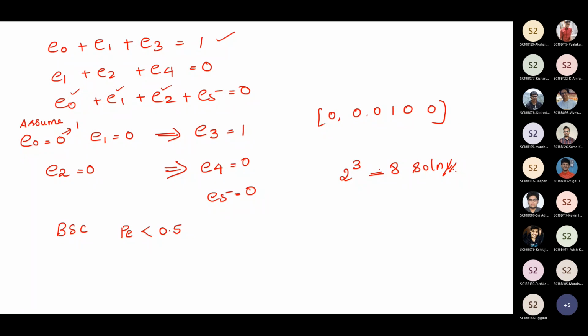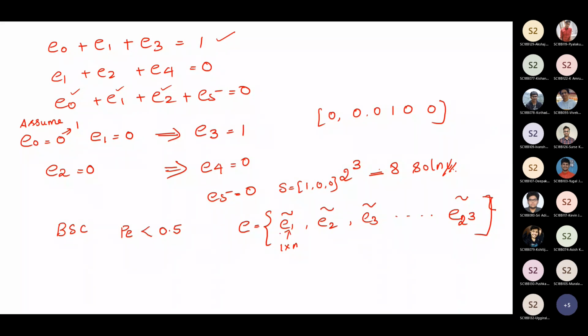So among this error set for this syndrome, you will have solutions E1 tilde, a vector of 1 cross n, E2 tilde, E3 tilde, like this, 2 power 3 error patterns. From these we have to choose the error pattern which has the minimum number of ones.